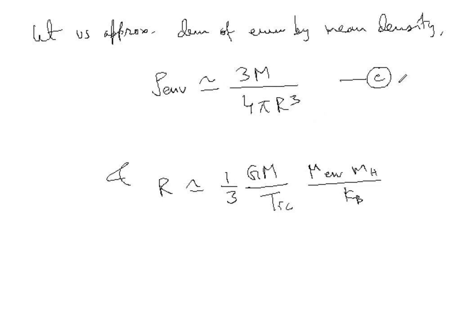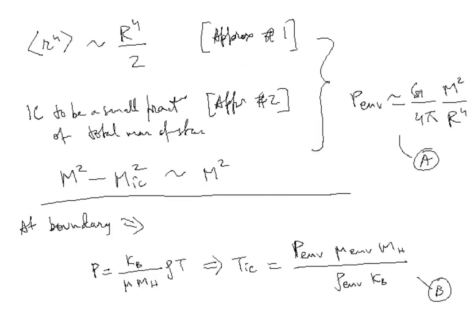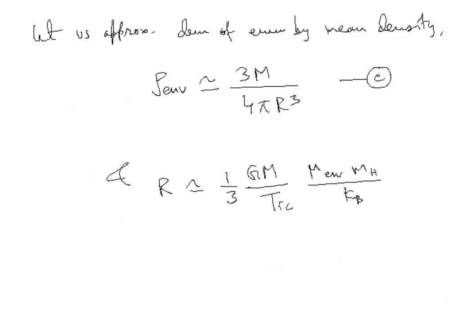Now basically, if this envelope expression is your relation C, and this previous envelope expression, pressure of envelope, was relation A, and this temperature T_IC is your relation B, then the simultaneous application of all these three relations A, B and C will actually give you this result.